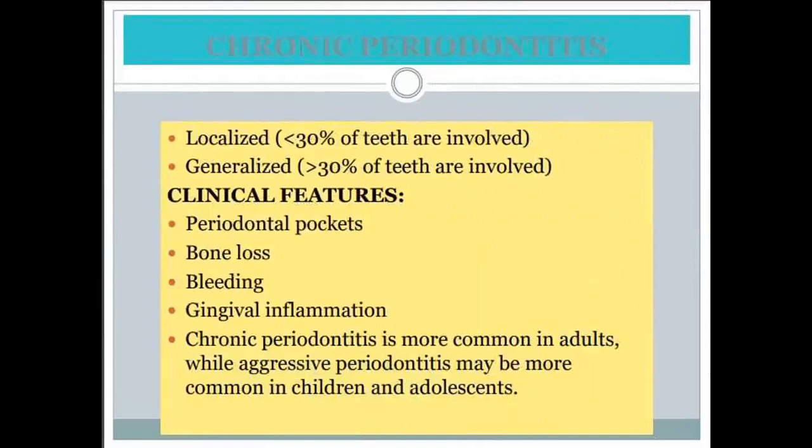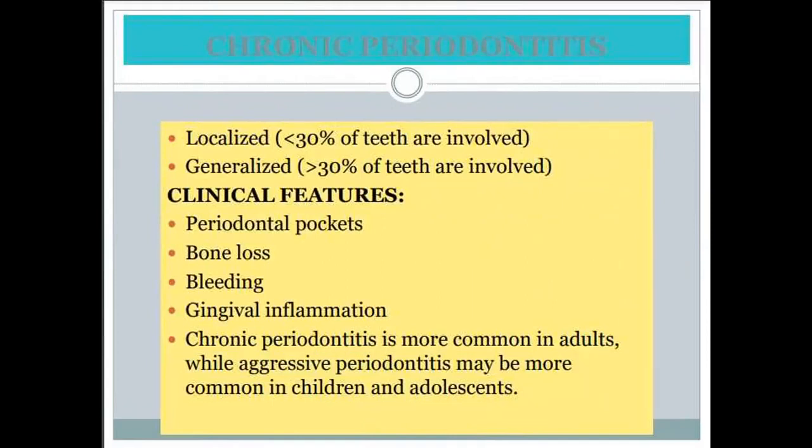So basically, the classification includes, as said before, dental plaque-induced gingival diseases and the various forms of periodontitis, which include the aggressive and chronic variants, along with the periodontitis seen as a manifestation of systemic diseases.